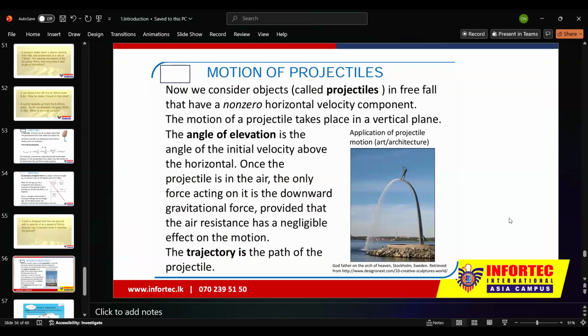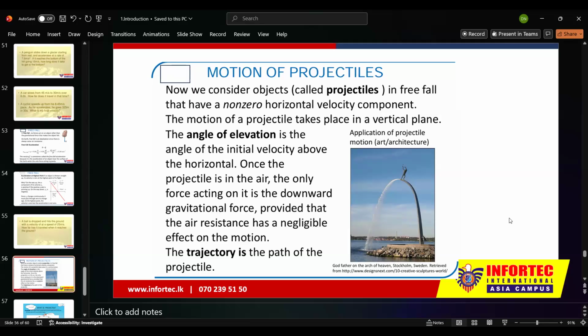Motion of projectiles. Now we consider objects, which we call projectiles, in free fall that have a non-zero horizontal velocity component. This is the parabolic path we can see. In straight line free falling motion, there is no horizontal velocity component, right?